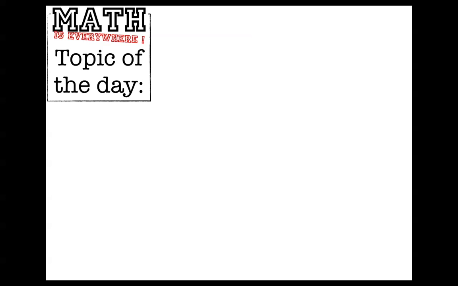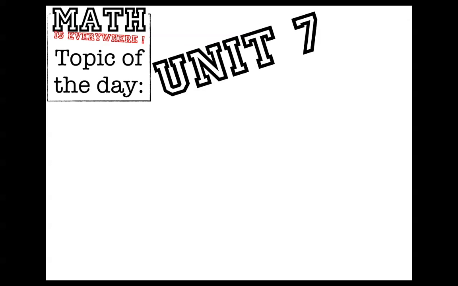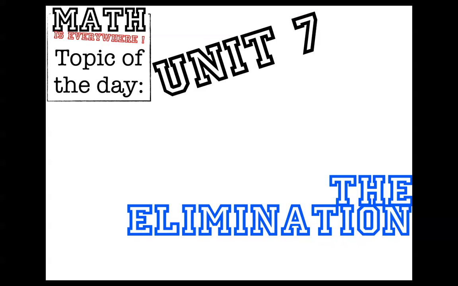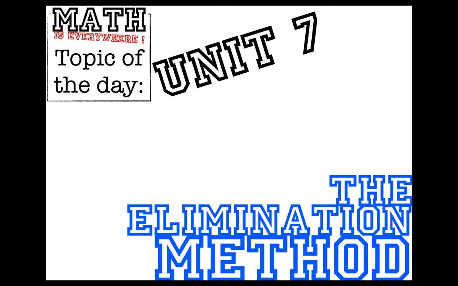Okay, welcome to the final topic in Unit 7. We've been solving systems of equations, and the last method that we're going to use is the elimination method. We're going to call it the elimination method because instead of substituting or graphing, we're going to try to eliminate one of the two variables.